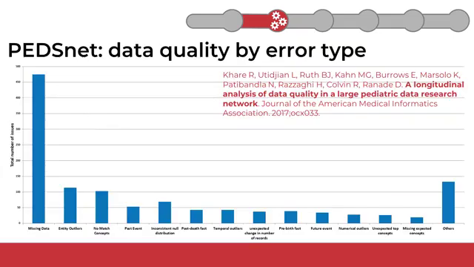This figure from Ritu Khare from Children's Hospital of Philadelphia shows the specific data quality errors seen in one of the networks in the Callahan paper. This figure shows that missing data greatly dominates the data quality errors seen in PedsNet.